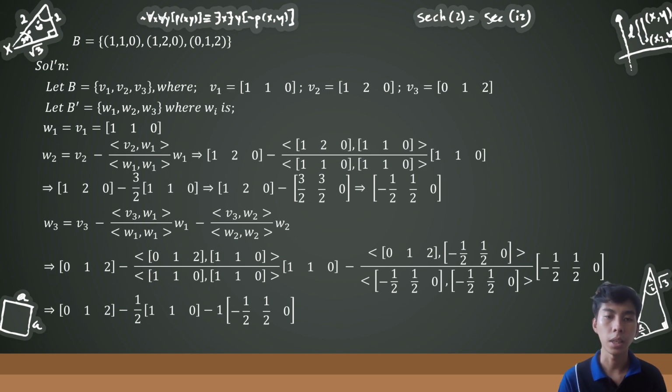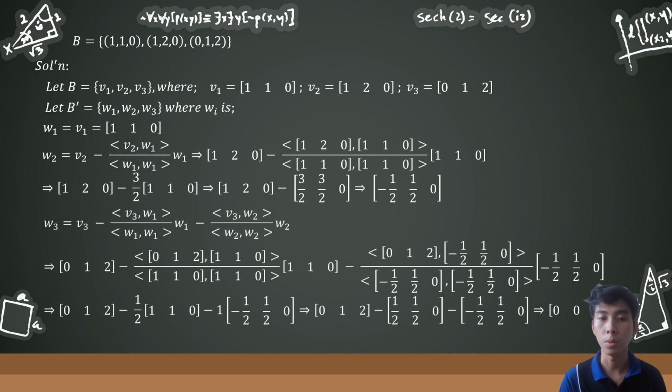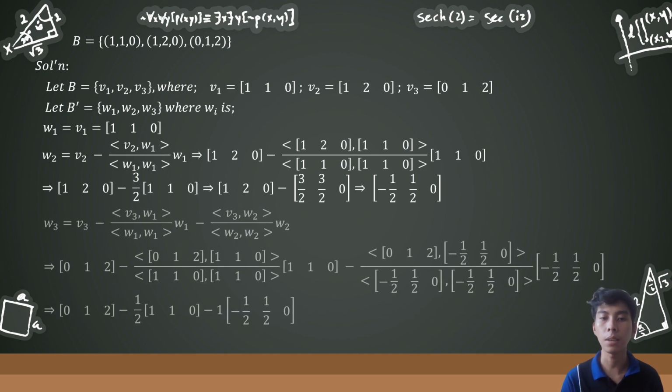which is the inner product of vector (0, 1, 2) and vector (-1/2, 1/2, 0) all over the inner product of (-1/2, 1/2, 0) and (-1/2, 1/2, 0).